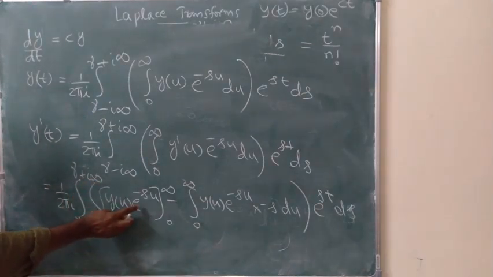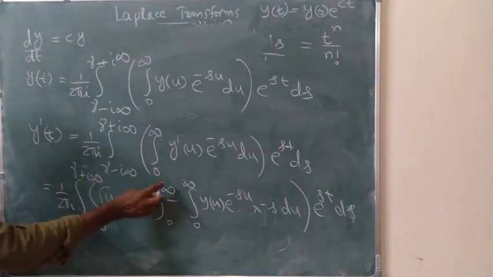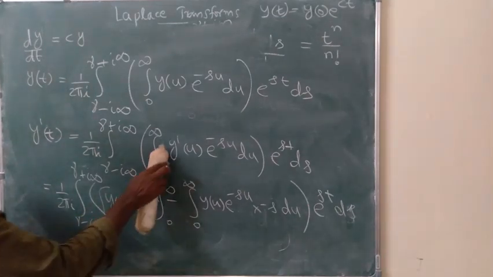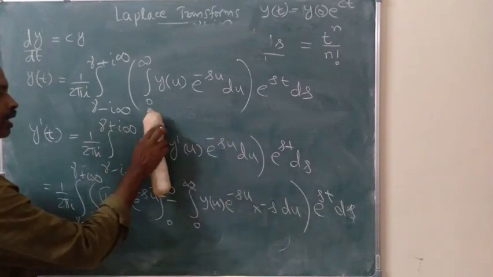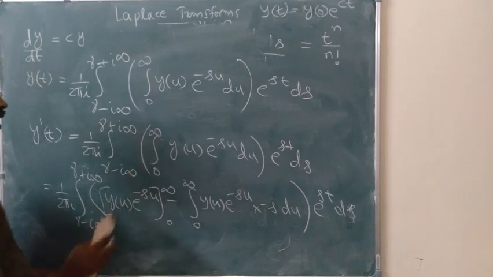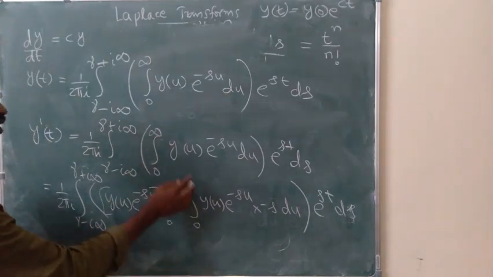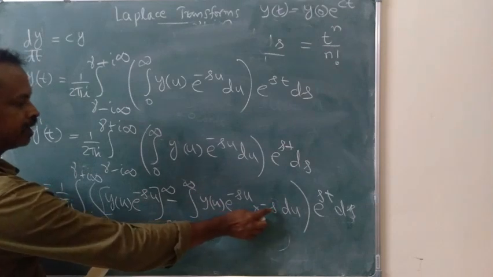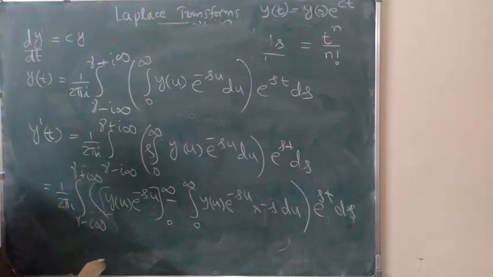Now we can see that when we apply the upper limit it is 0 and when we apply the lower limit it is y of 0, and therefore this integral can be replaced as integral 0 to infinity y of u e to the power minus su, this term, but there is an s here, so s multiplied by this term.